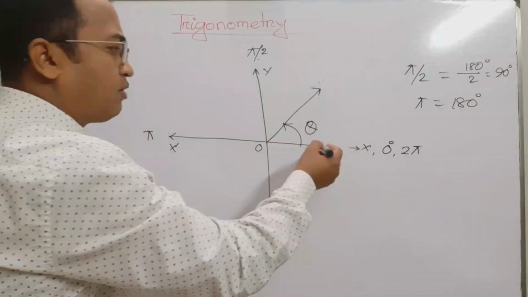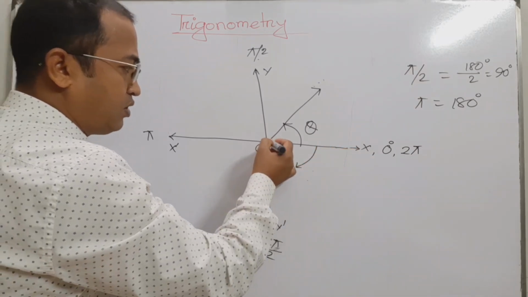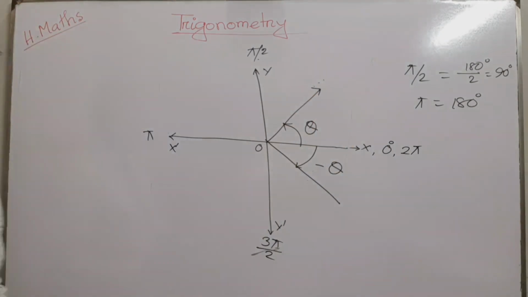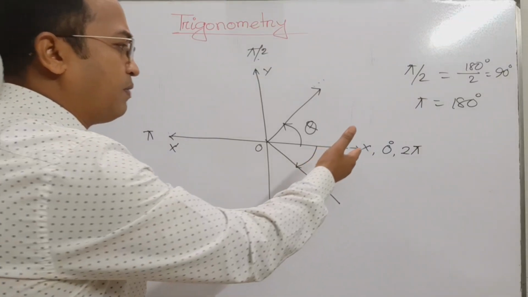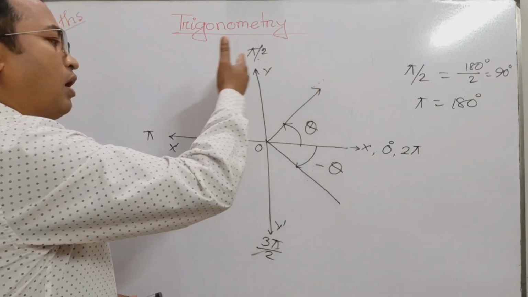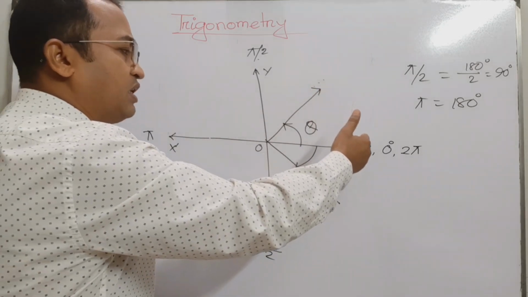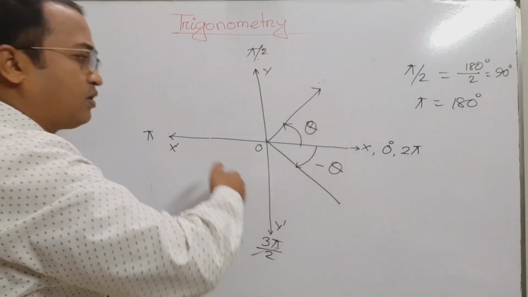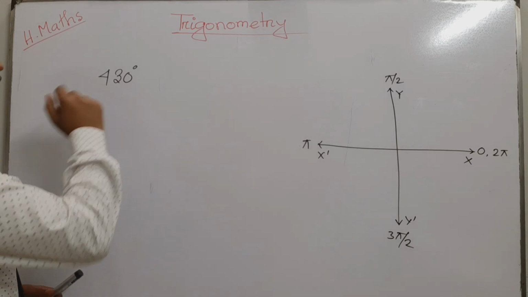But if you revolve the initial line clockwise, it will be minus theta, a negative angle. Now we will find out the location of 430 degrees.